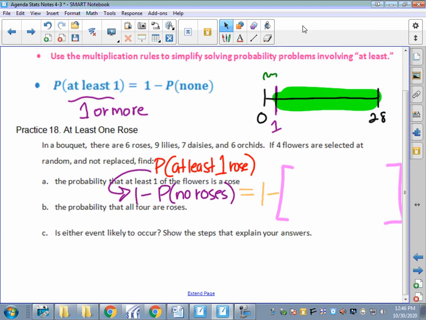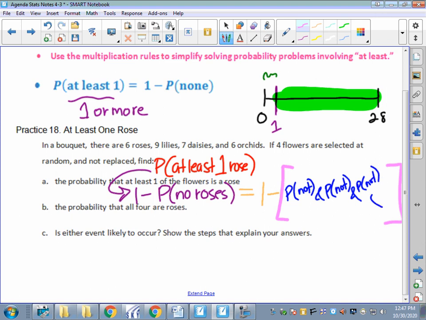The probability of no roses, so when I choose 4, I need to do the probability of not a rose, and not a rose, and not a rose, and not a rose, right? I'm choosing 4 flowers and I'm not replacing them. So unfortunately, it's still not one problem, but it's better than what I had before.